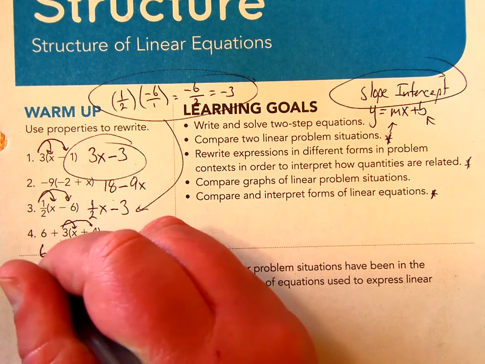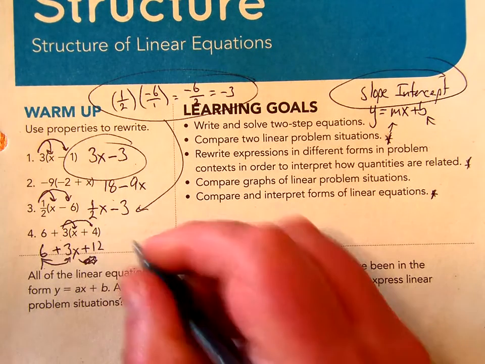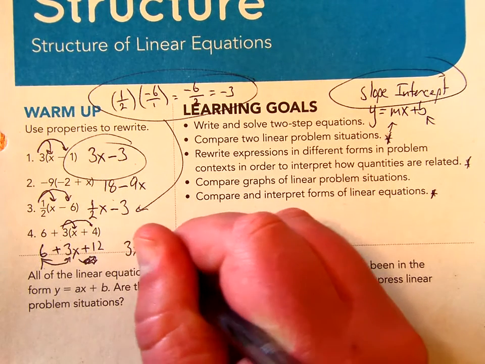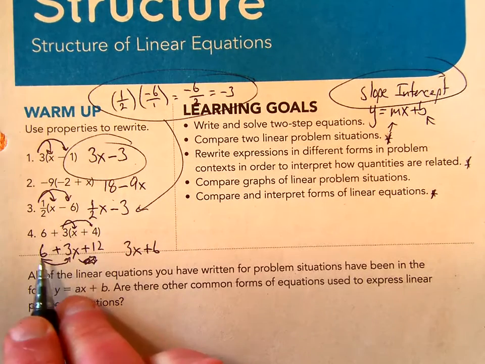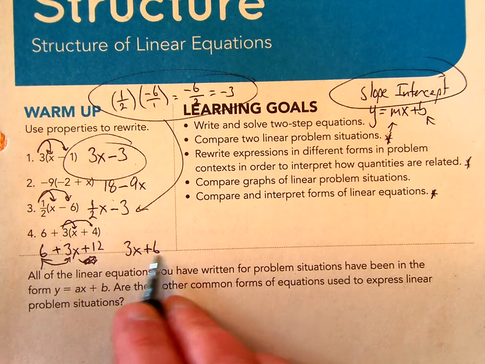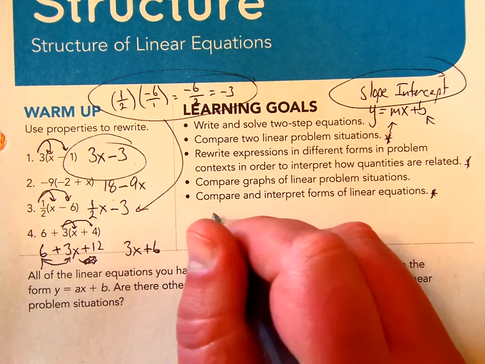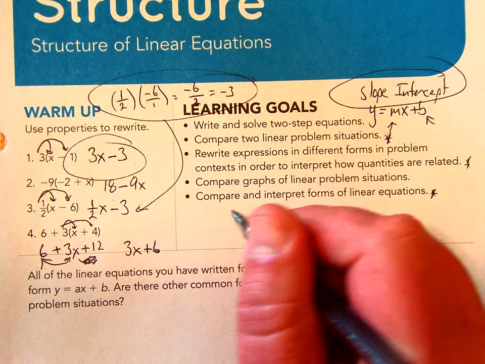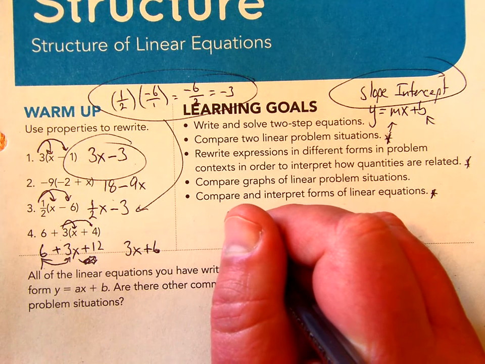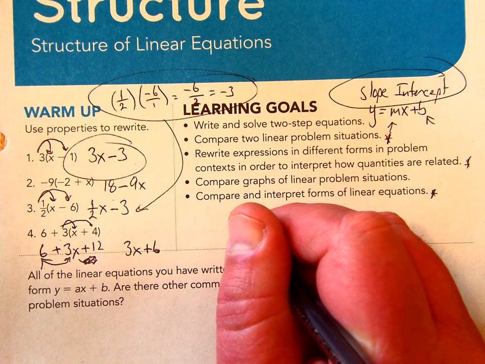I'm going to do the commutative property of addition and rewrite this as 3x plus 6. So I use the commutative property of addition on 6 and a 3x to change the order. And again, commute is to go back and forth. You commute to and from school. Commutative property just means you can change the place of the numbers or the terms on each side of an addition sign or each side of a multiplication sign.